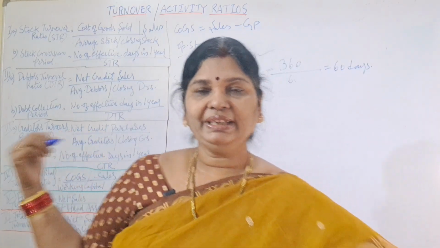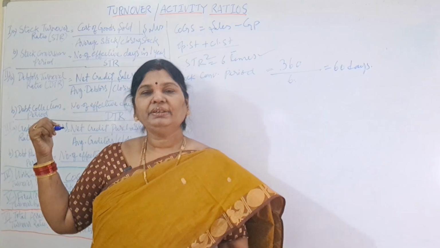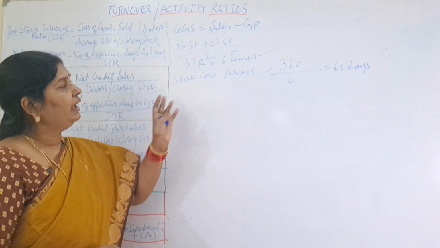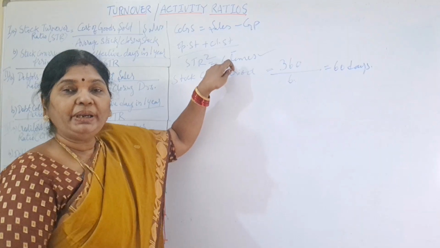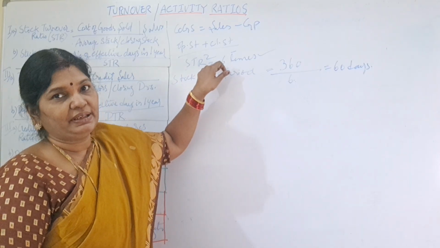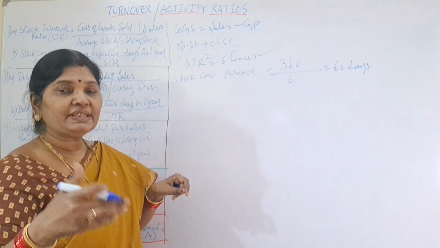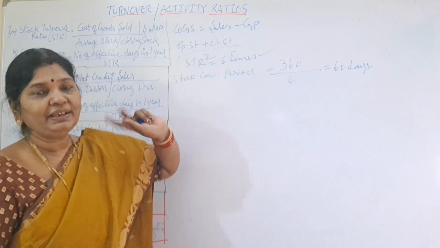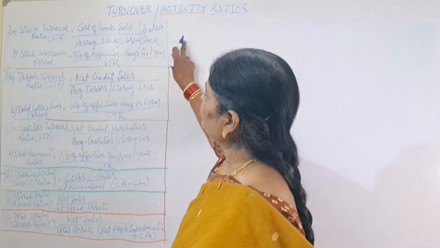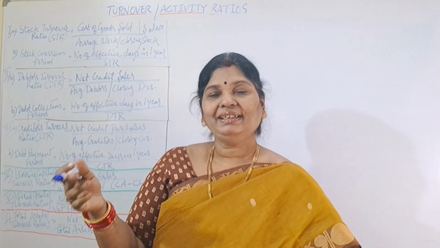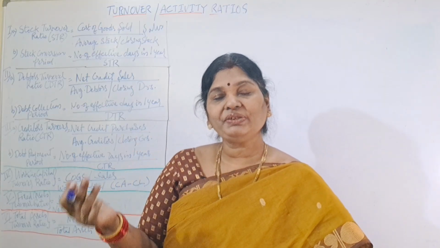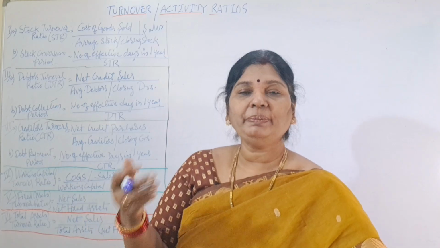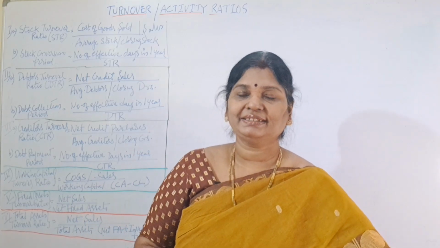With this formula, you understand that you have to refill 6 times in 1 year, and at a frequency of every 60 days. In stock turnover ratio, if the ratio is higher, it is more positive, because if you are replacing the stock many times, it means you are making fast moving sales.